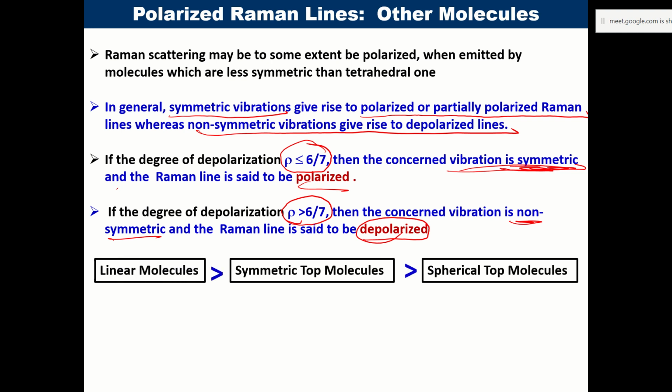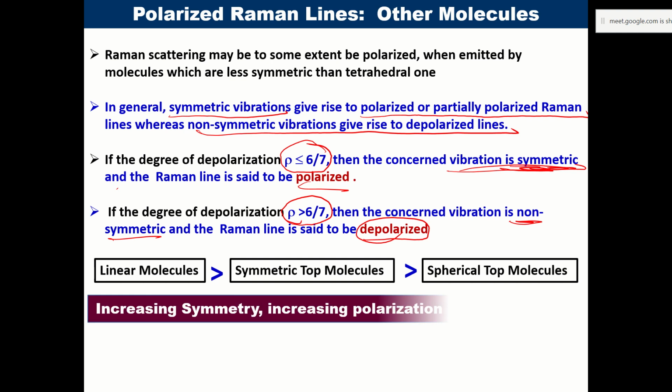So in general, what you will find, the linear molecules, symmetric top molecules, spherical top. If you observe symmetric vibration in all different types of molecules, linear, symmetric top, spherical top, तो जैसे जैसे सिमेट्री बढ़ रहा है वैसे डिग्री ऑफ पोलराइजेशन भी बढ़ता जाता है. So with increasing symmetry, increasing polarization of the Raman lines will be observed.